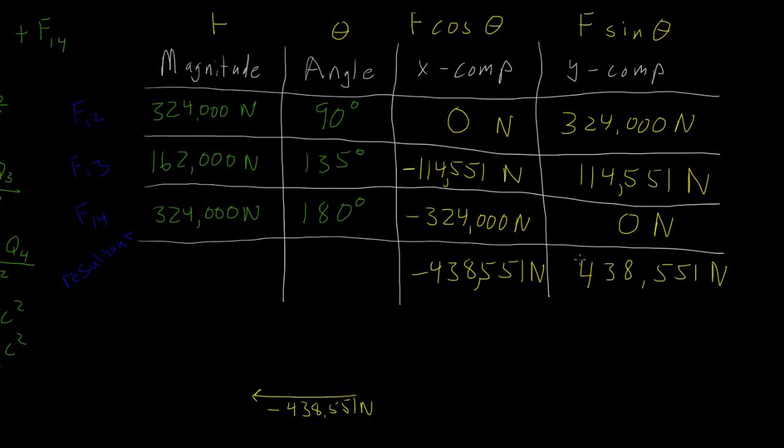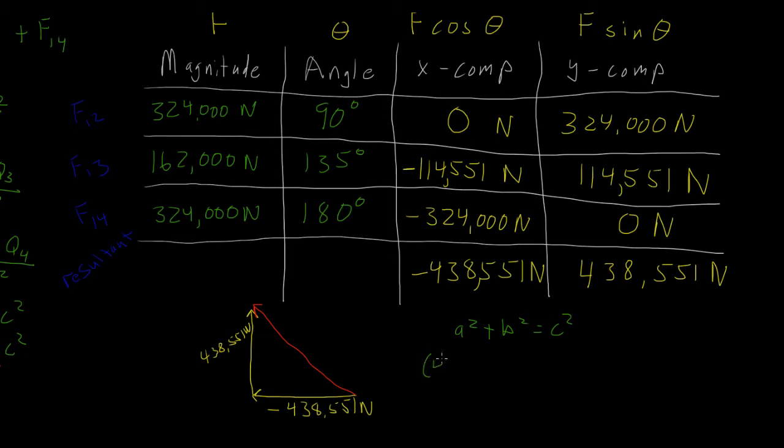The y component is positive, so it's vertical, and it's 438,551 newtons. And we are looking for the hypotenuse. This will be the resultant magnitude of these forces. So we just use Pythagorean theorem. So a squared plus b squared equals c squared.